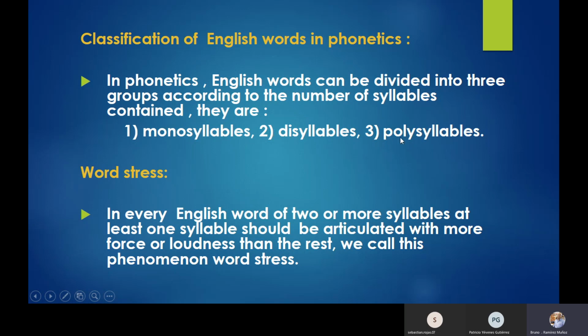Every time we have 2 or more syllables, there's always one that's going to be stressed, and we call this word stress to make a difference from sentence stress, which we're going to see later. So far, we're at word level stress. We're going to see, for example, in the word divided, how many syllables and which is the one that is stressed. Divided, in this case, the second one, right?